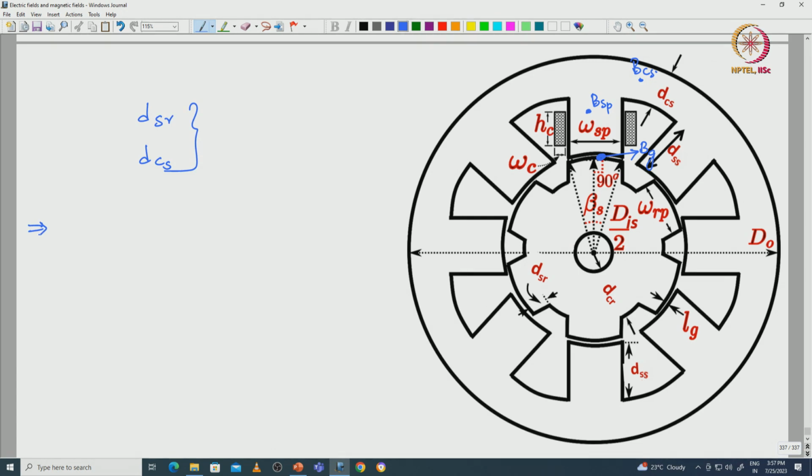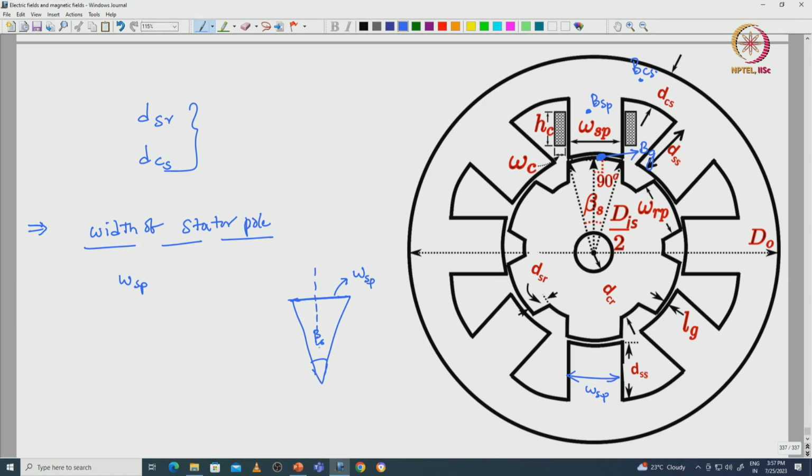To find the width of the stator pole, that is WSP, the width of the stator pole is this one. We know the angle, beta S, the angle with respect to the stator pole arc, and this length is WSP.